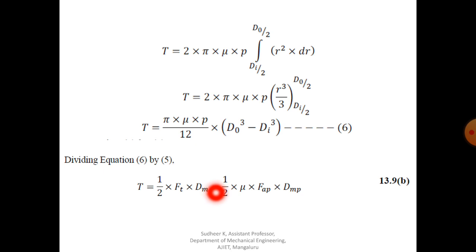This can be rewritten for uniform pressure theory by giving the suffix p, so T equal to 1 by 2 mu F_AP into d_mp. Here d_mp is the mean diameter using uniform pressure theory. You can find this expression in your data book as 13.9b. This is the torque transmitting capacity of the single plate clutch.